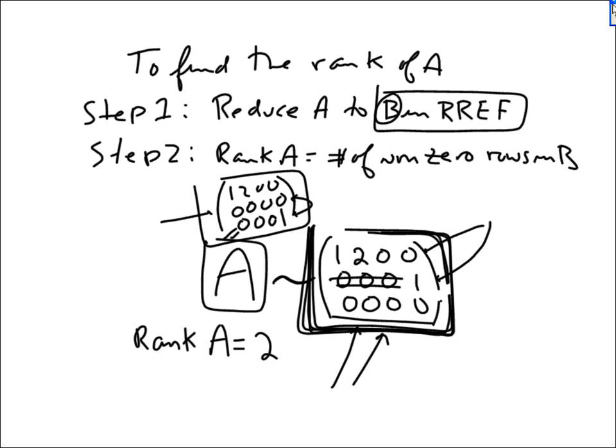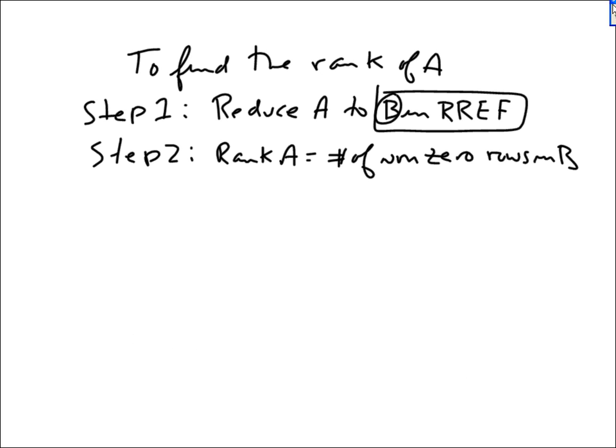So just reduce the matrix A to RREF form, count the number of non-zero rows, and say the rank of A equals that number. If you know how to reduce a matrix, you can compute the row rank.